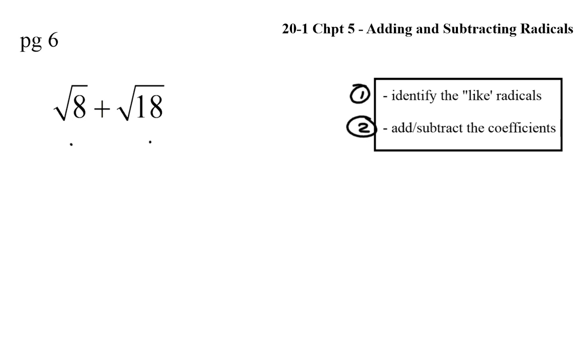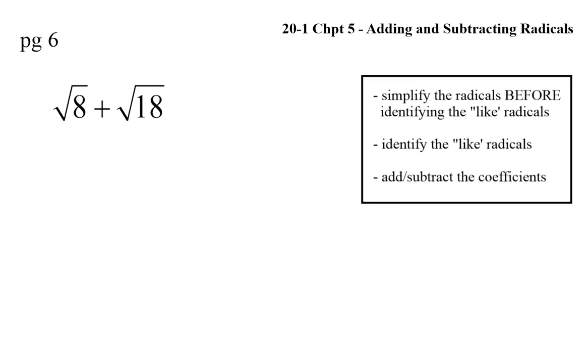However, I'm hoping some of you are looking at that saying, yeah, but I can. So take a second, look at it, and what can you do? Well, let's add a step for number 1: let's simplify the radicals before identifying. Make sure the radicals are in simplest form. Make sure that our radicands are as small as possible, because if our radicands are as small as possible, we might have like radicals when we didn't even know it.